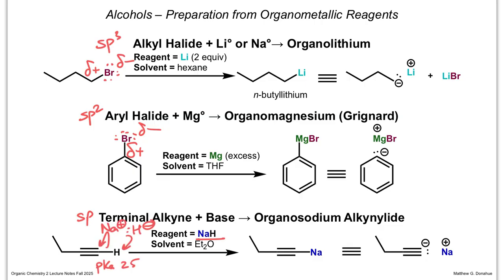It will abstract that H to generate an sp hybridized carbanion. So those are the 3 general methods for generating these things from starting materials where the carbon hybridization is different.